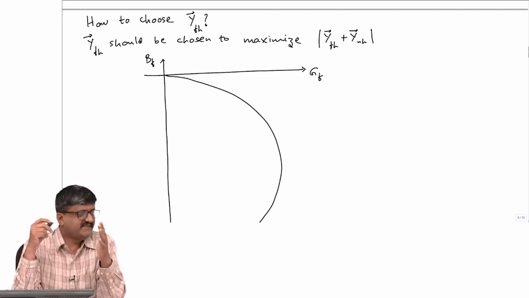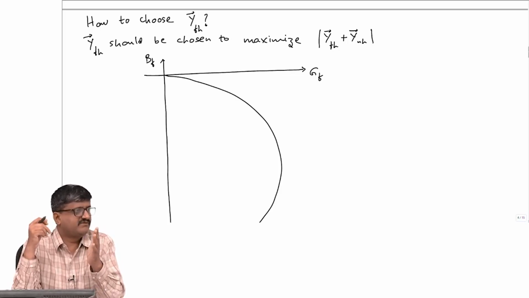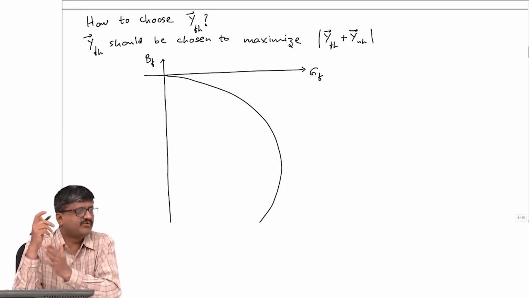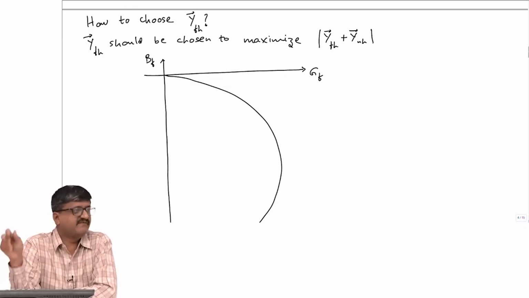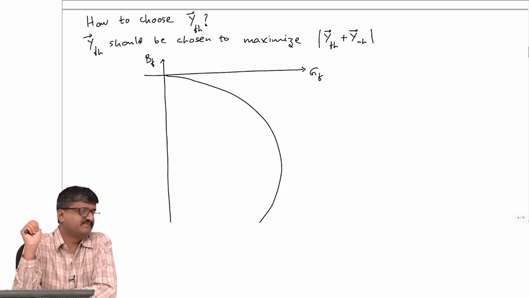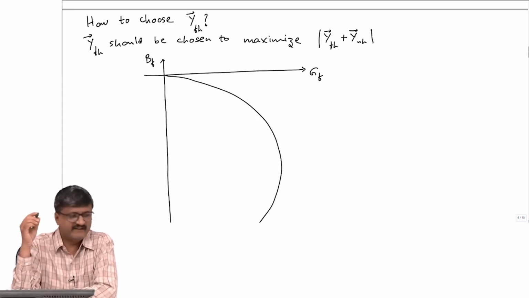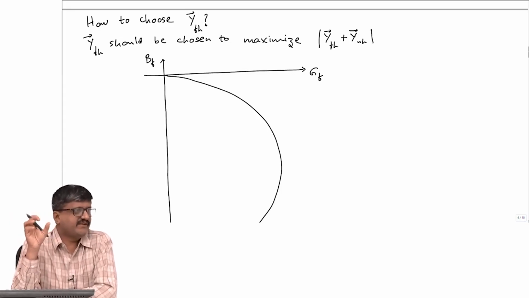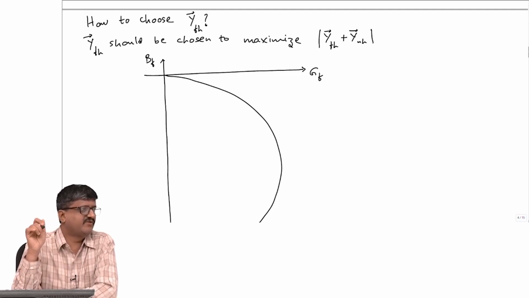So, what is the maximum distance to which the boundary can move, so that I get a maximum value of this magnitude? Yeah, when the boundary is tangent to the semicircle. Is that clear? Is that obvious or not? Simple geometry, nothing more than that.